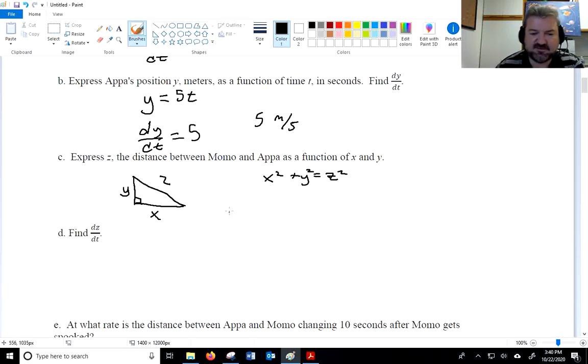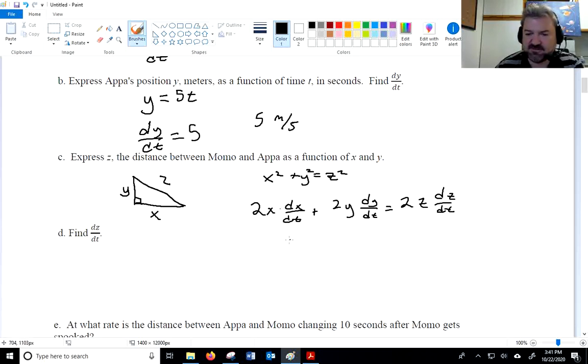Well, let's find dz/dt. We can do that by simply taking the derivative with respect to t. So I have to use the chain rule: 2x times dx/dt plus 2y dy/dt equals 2z dz/dt. Now, I'm probably going to just cancel all these 2's.